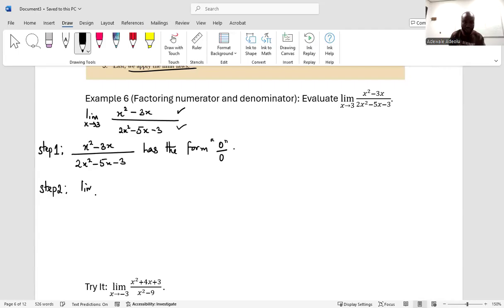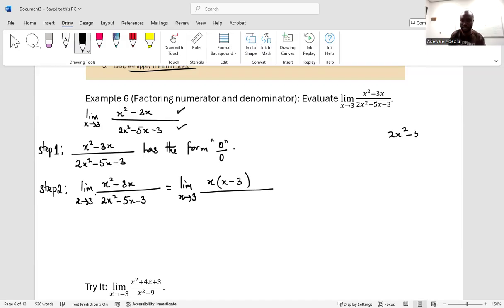So I will write it this way: limit as x goes to 3 of x squared minus 3x divided by 2x squared minus 5x minus 3 is the same as the limit as x goes to 3. I can factor this out, x minus 3 divided by, quickly, let us look at this, 2x squared minus 5x minus 3.